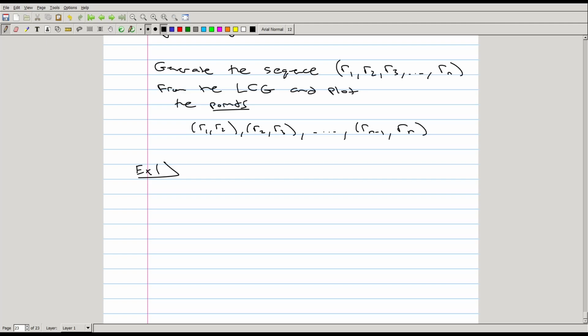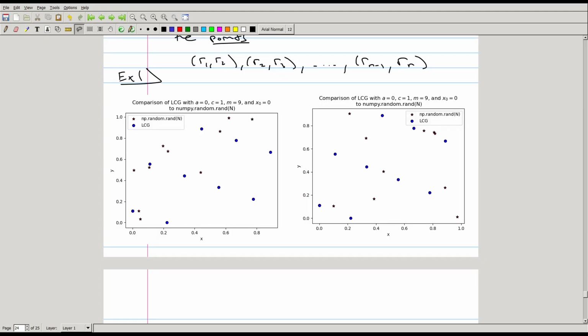Because if we open up this plot right here, we see very clearly that the NumPy or Python random number generator is doing a good job, whereas our LCG is falling very, very flat. Specifically, because of this periodicity here, you can expect it to repeat.